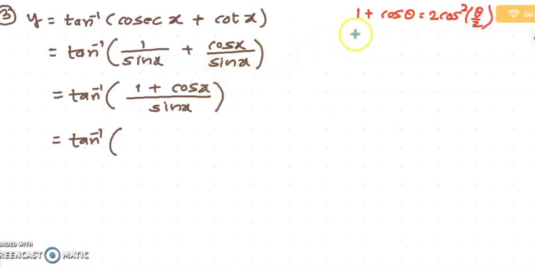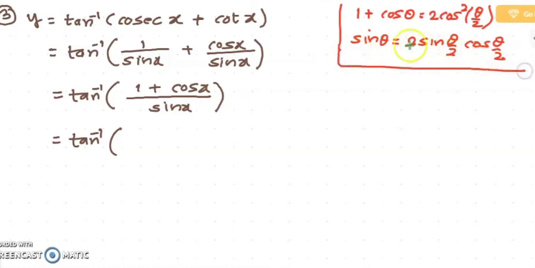That can be used. And sin theta, another half angle formula: sin theta is equal to 2 sin theta by 2 into cos theta by 2. These two formulas are going to be helpful in this example. So time to time you require these formulas. So be careful about those formulae.